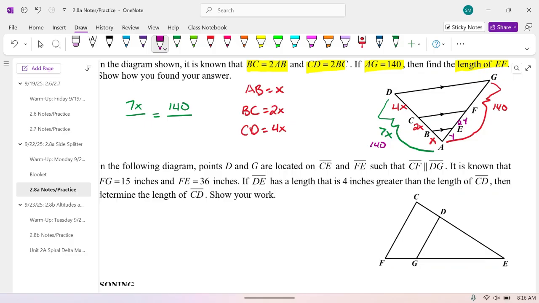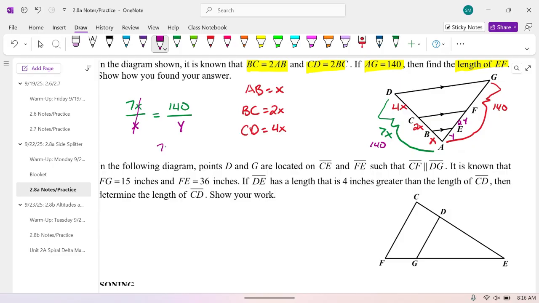So 7x is equal to 140, and then we could have x over y. Well, what's x divided by x? x divided by x is just 7. So this would be 7 over 1.